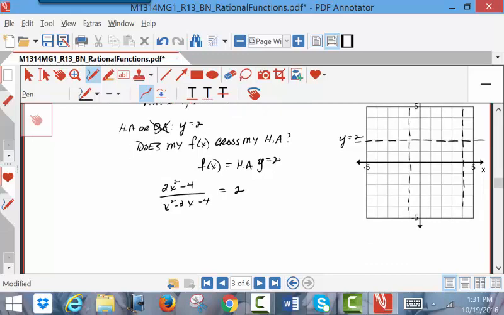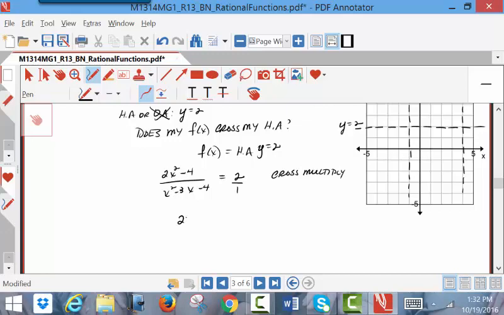Well, the way you solve this is you write your horizontal asymptote, or your value of 2, as a fraction, and then you cross multiply. Okay, then you cross multiply. So 1 times 2x squared minus 4 is 2x squared minus 4.